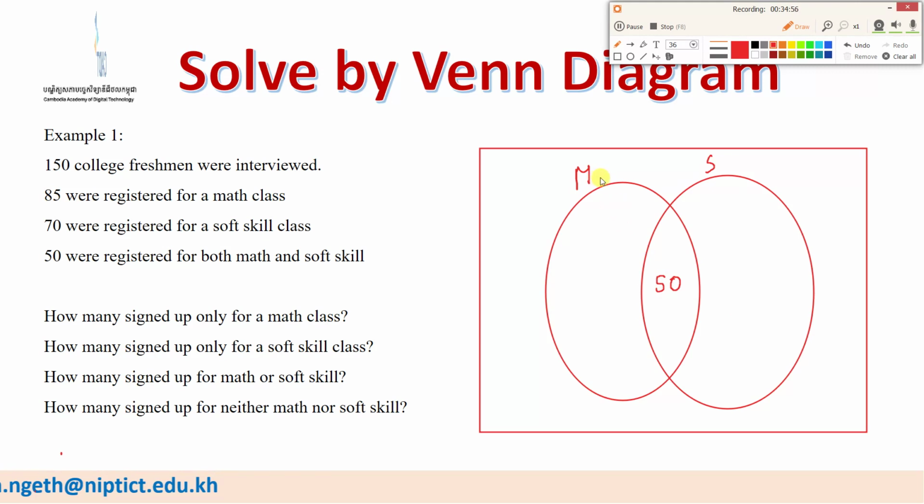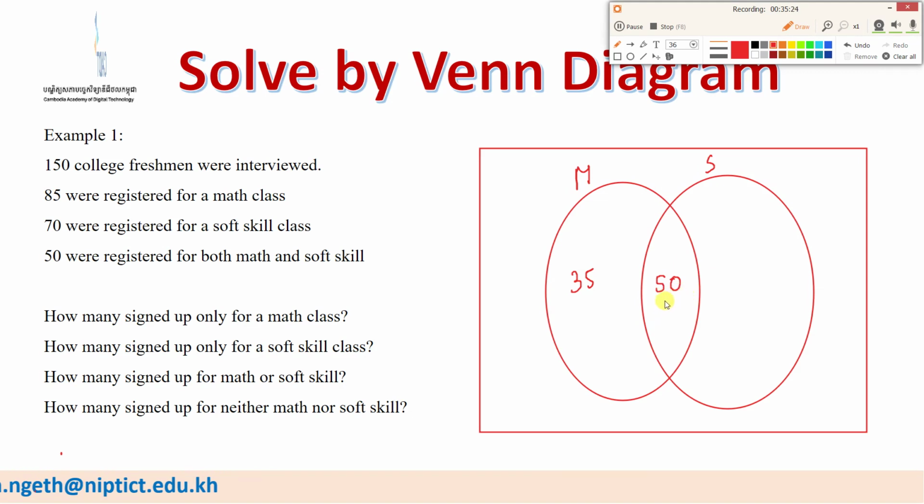And about math. Math is 85. But this one, the intersect of soft skill and math, have study or register soft skill and math 50. So 85, so only math is 35. And about soft skill is 70. So 70 is soft skill, and soft skill and math is 50.